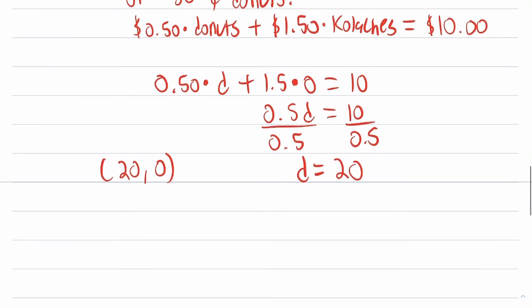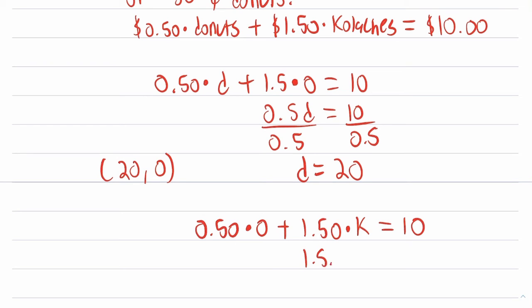If we spent all our money on kolaches, that would be 0.50 times 0 plus 1.50 times k equals 10. So really we just have 1.5k equals 10.